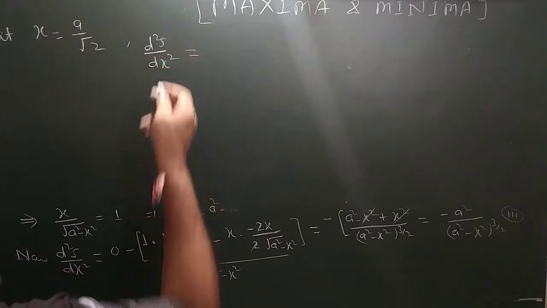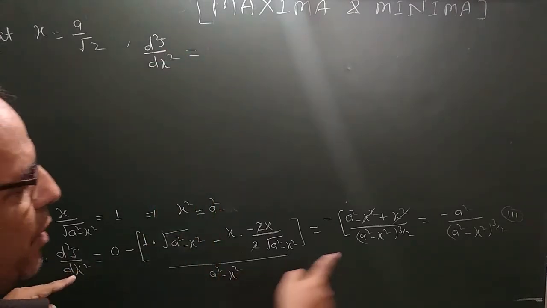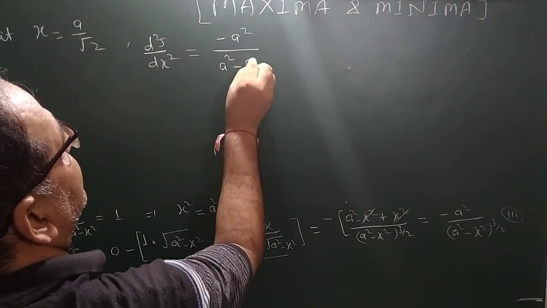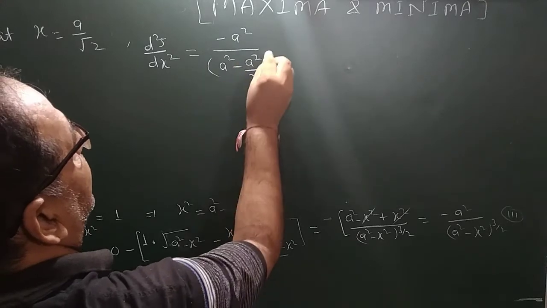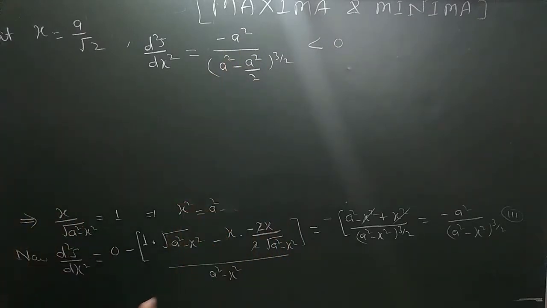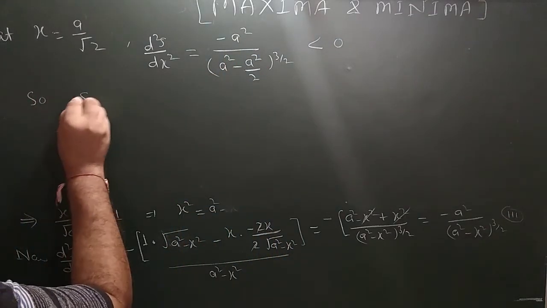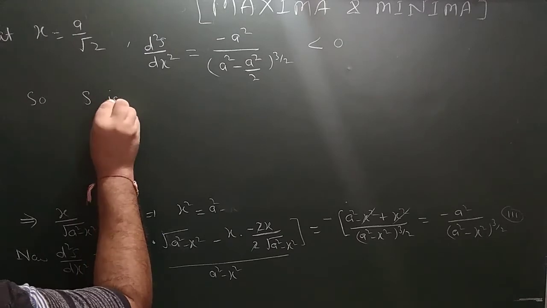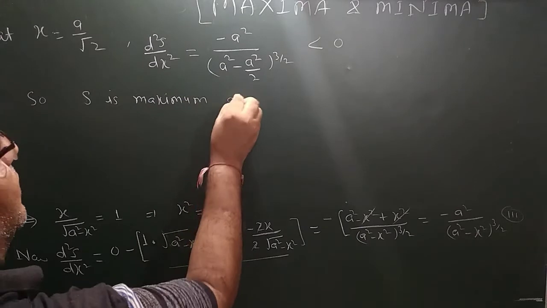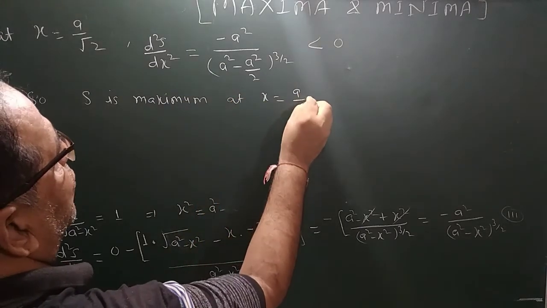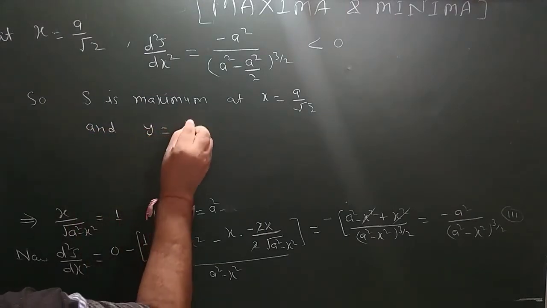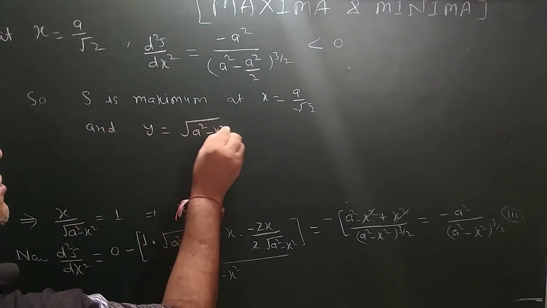So d2s upon dx square equal to minus a square upon a square minus a square upon 2 whole power 3/2. Clearly this value is negative due to the minus sign. So s is maximum at x equal to a upon root 2 and y equal to under root a square minus x square.